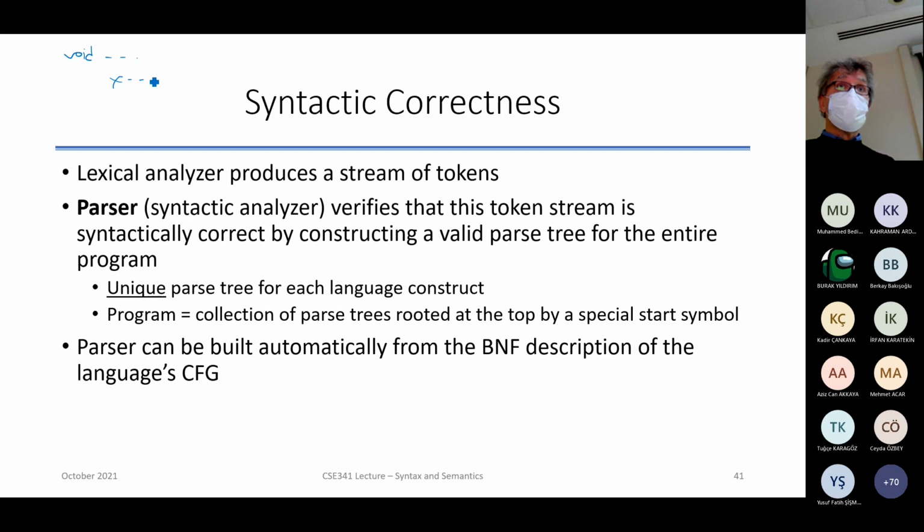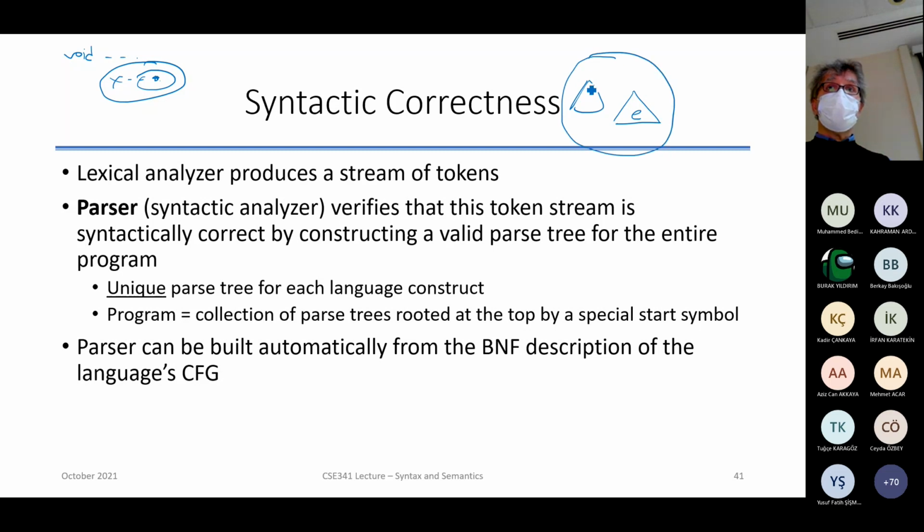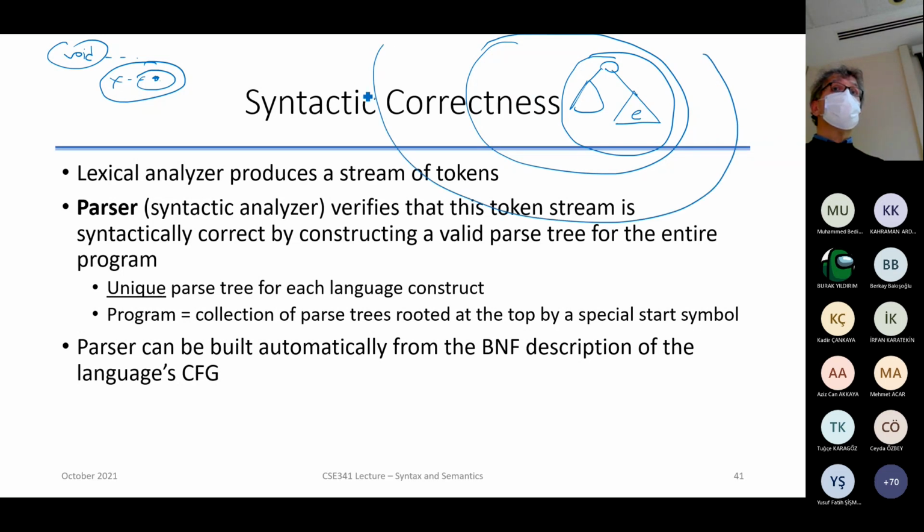I may have a tree for the expression, a tree for the assignment, which is now a big tree. And then I may have these as a portion of a program function definition, a big tree, and then a bigger tree for the main program, for example.